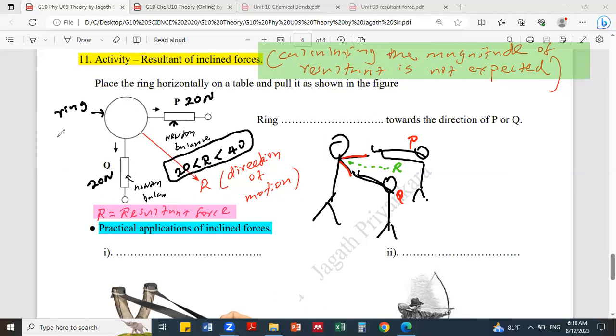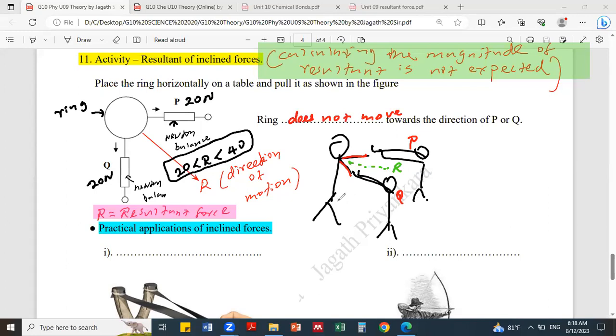So if you want to write here, complete the blank here, students. Here I have given what? Ring, towards the direction of P or Q. So does the ring move or not move? Ring does not move. That's what you write.